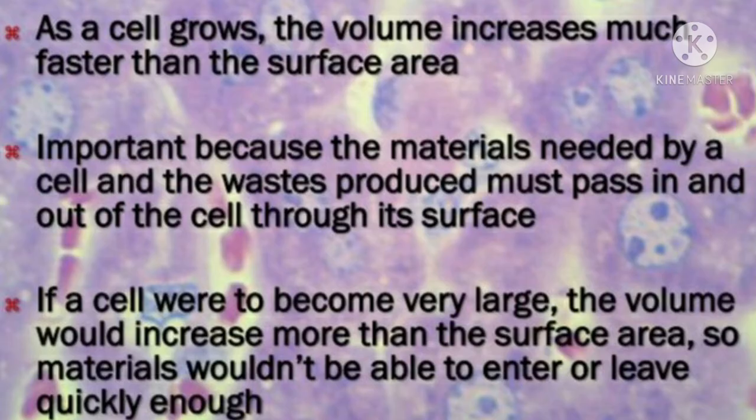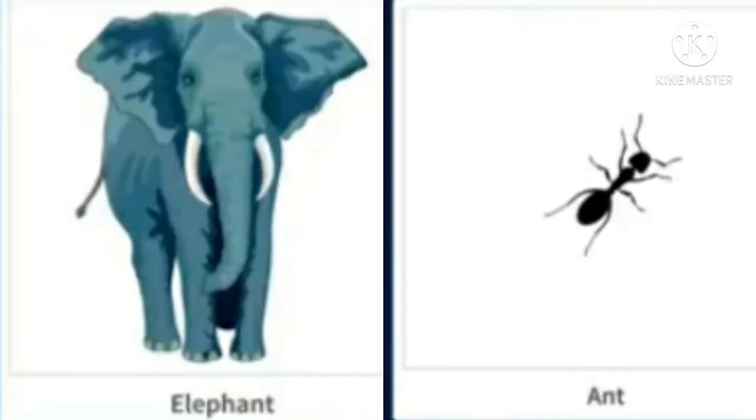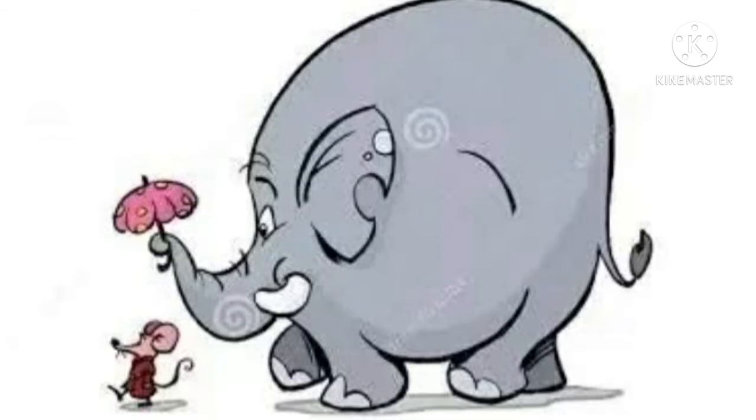Now children, we will discuss cell volume. Volume is the space occupied by an object. The volume of a cell is fairly constant for a particular cell type and is independent of the size of the organism.